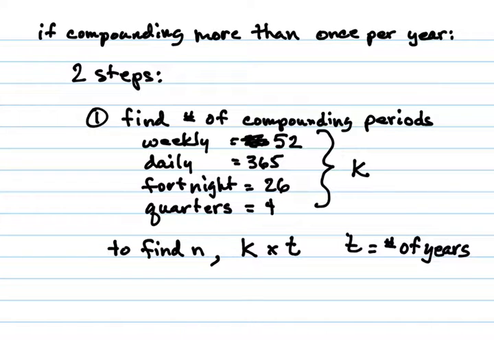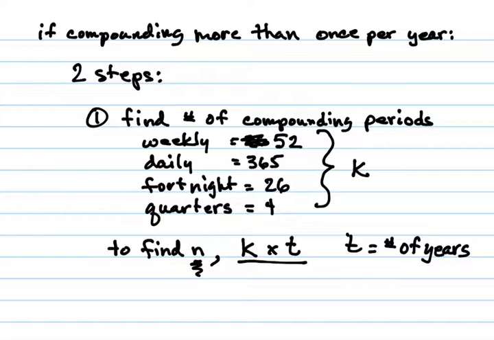And that'll take care of our n for us, that exponent on the brackets, if we're compounding for more than one time in a year and if we're compounding for more than 1 year, right? We have to compensate for both of them.